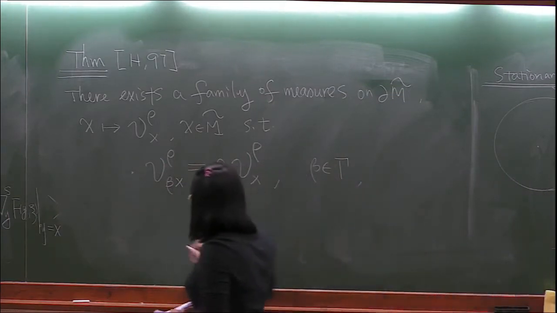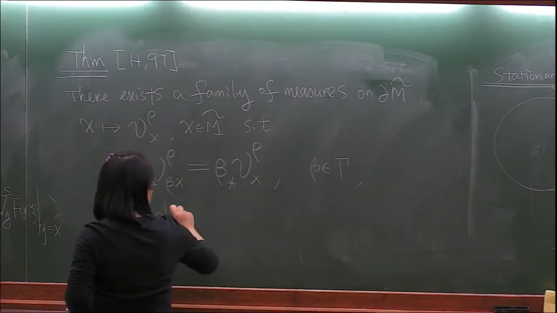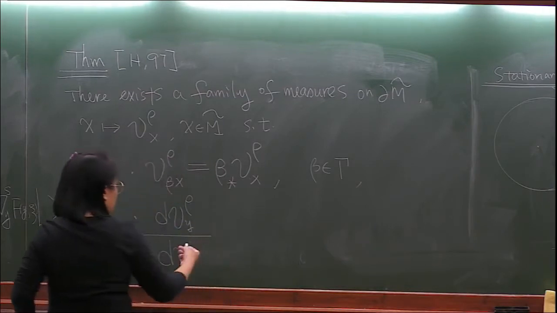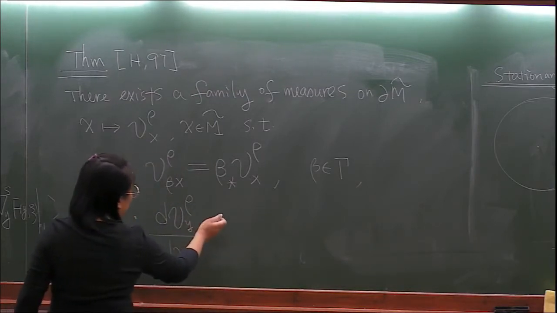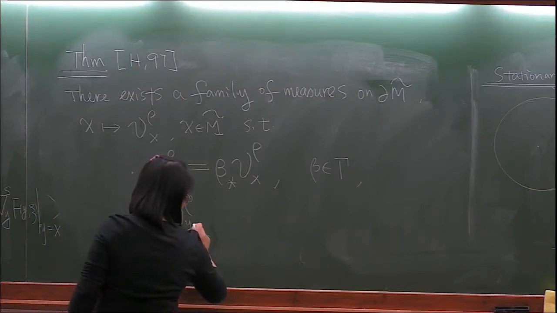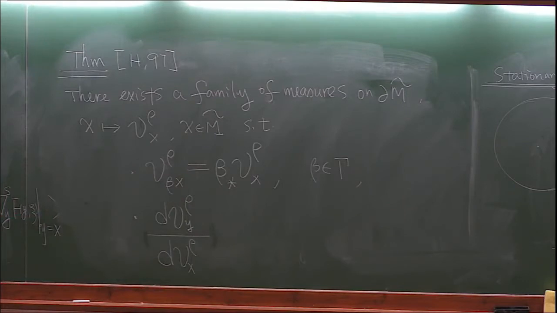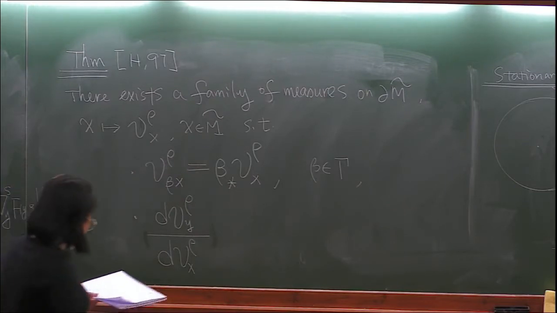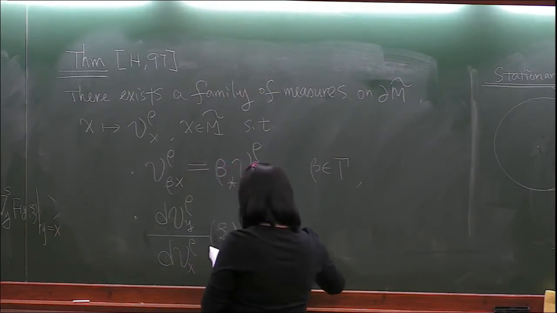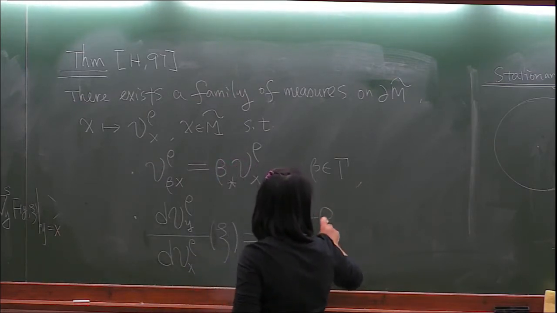The second thing is that now you compare the value at y with respect to the value at x. These two measures, one starts from y and the other starts from x, and then you consider its Radon-Nikodym derivative. It's e to the power minus rho.